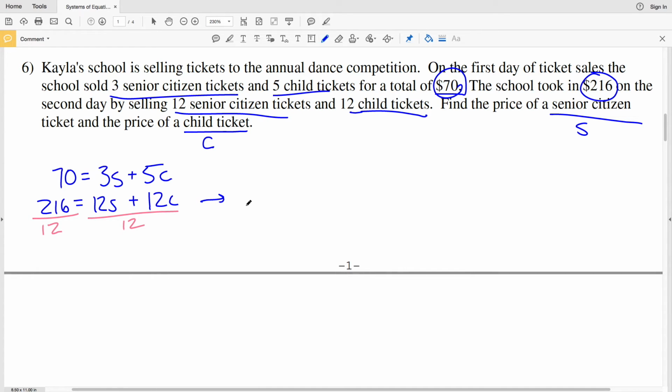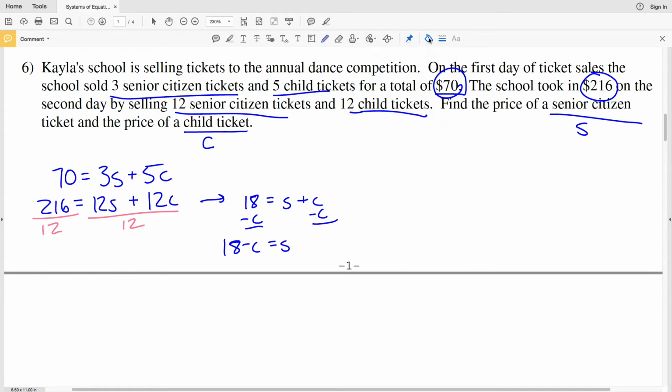So 216 divided by 12 is 18, so that will be 18 equal to 1s plus 1c. Now I'll either subtract s to have the equation in terms of c, or I'll subtract c to have the equation in terms of s. Let's subtract c to have the equation in terms of s. So 18 minus c is going to be equal to s.